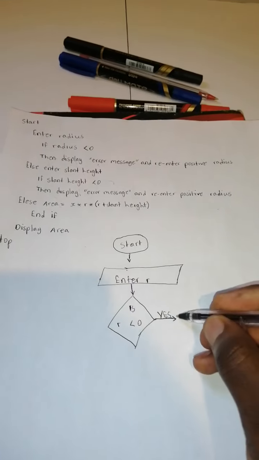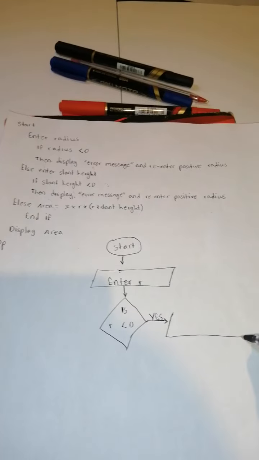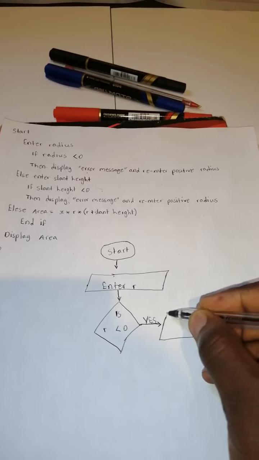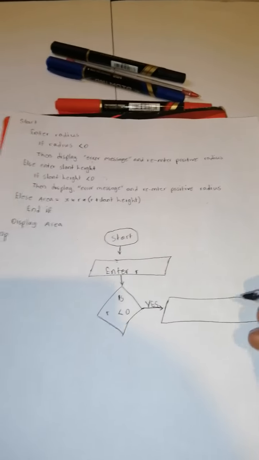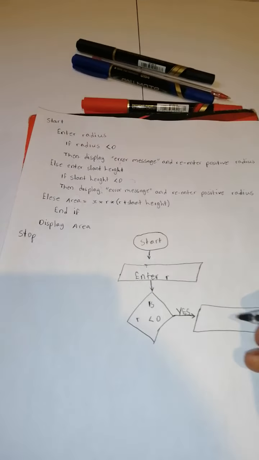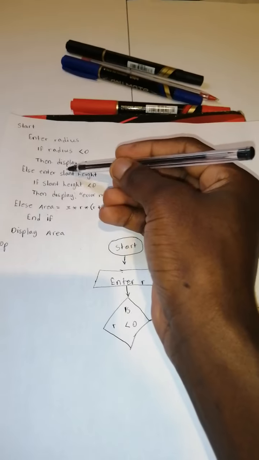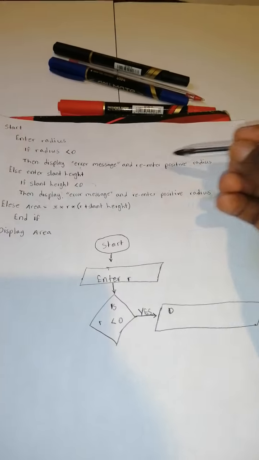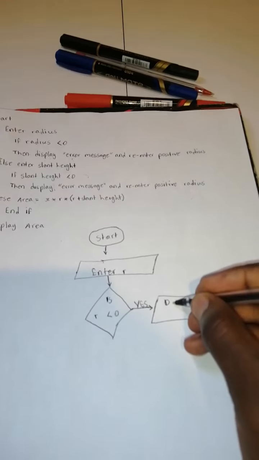So whenever you see display or enter, you have to draw this parallelogram again like this. After drawing this parallelogram, you are going to copy what is here. So we are going to copy display error message and enter positive radius. We are going to copy everything.